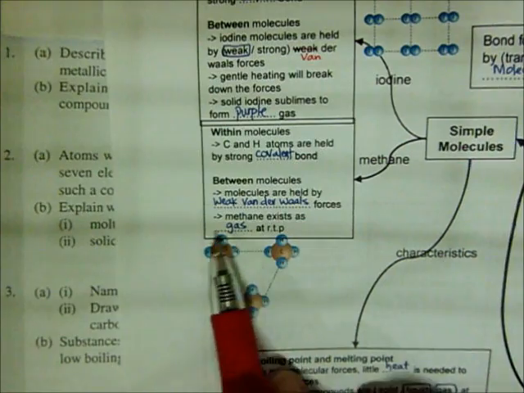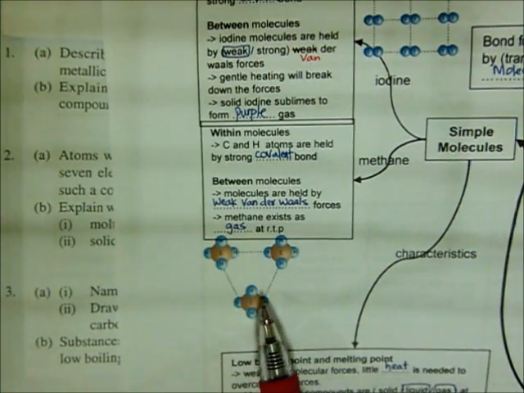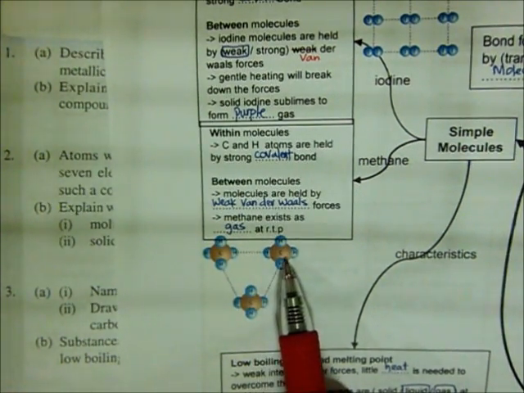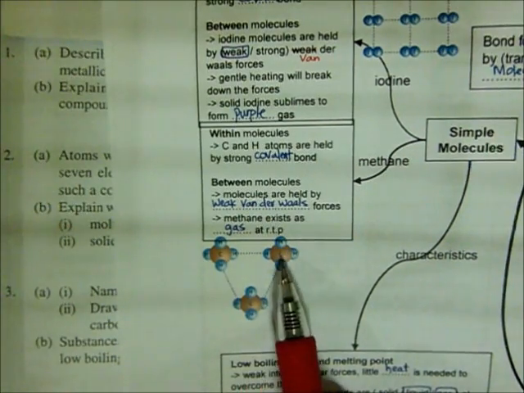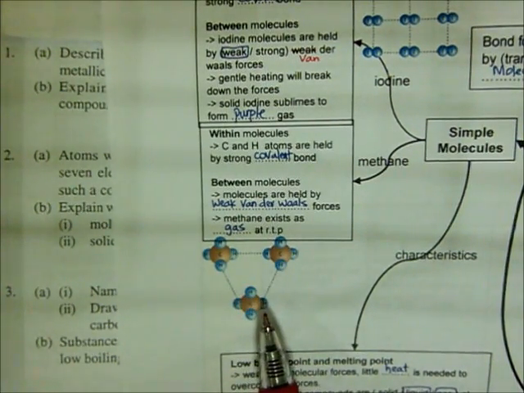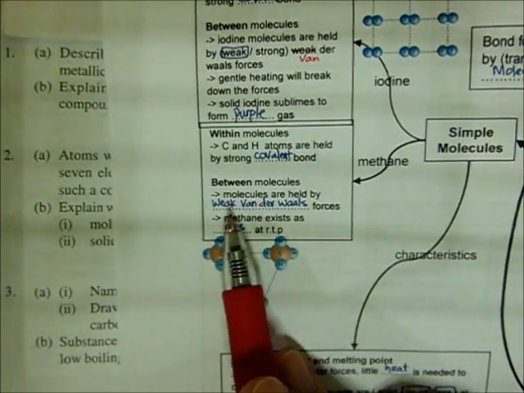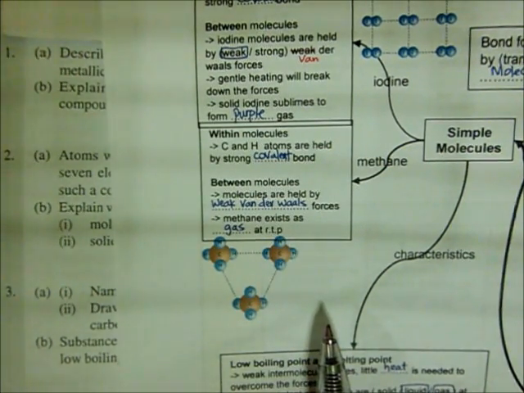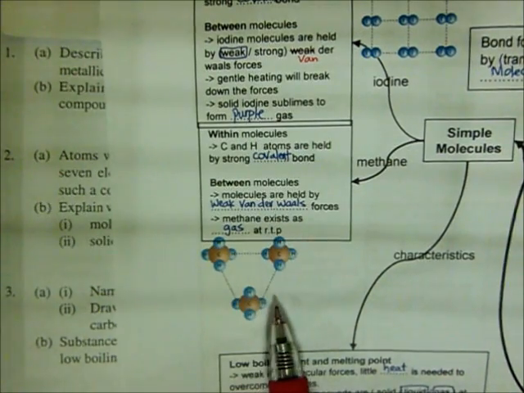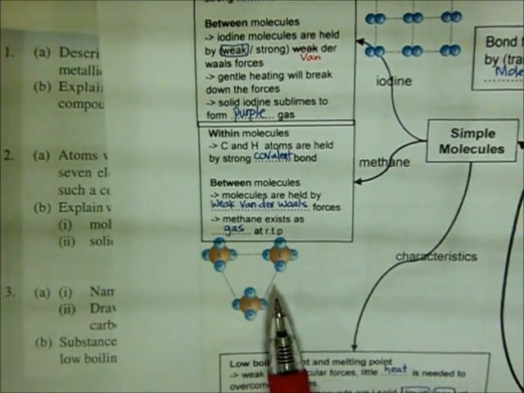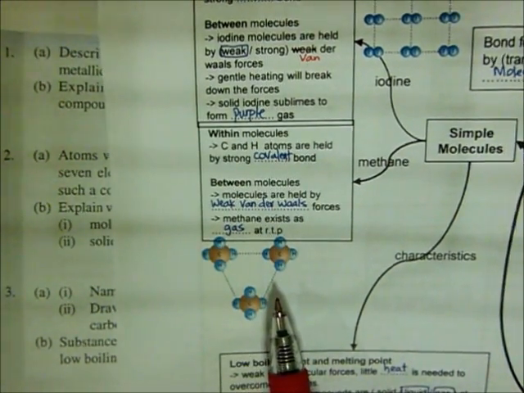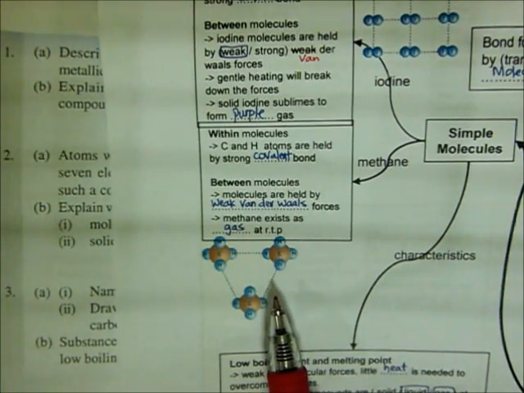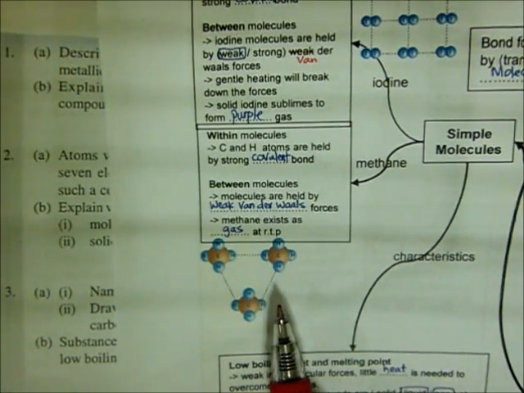This is one CH4 molecule, this is another one, this is another one, and all these covalent molecules are held together by weak intermolecular forces or weak van der Waals forces. And these van der Waals forces are weak, and therefore a little amount of energy is required to overcome it, and because of that it has low boiling point.